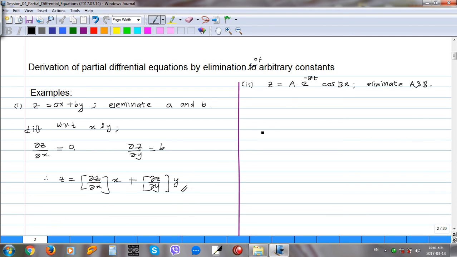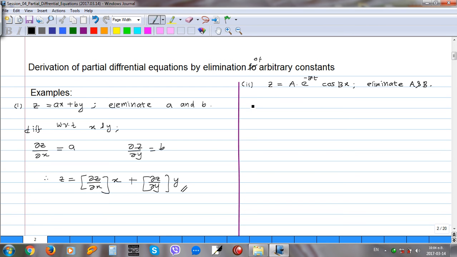Then the second example: z equals a times e to the power minus b squared t cos bx, eliminate a and b. Here also you can differentiate. There are two variables here, t and x.